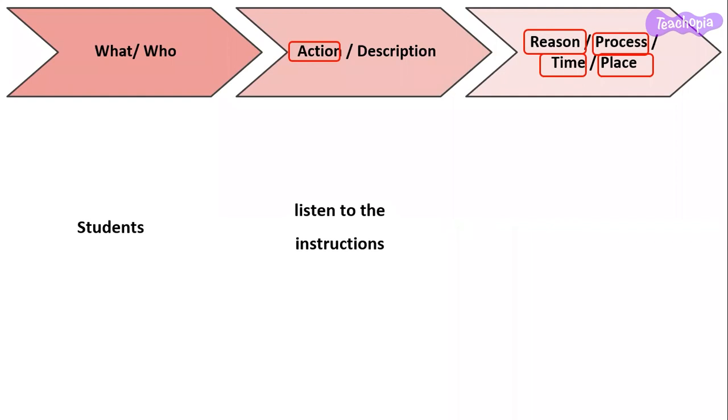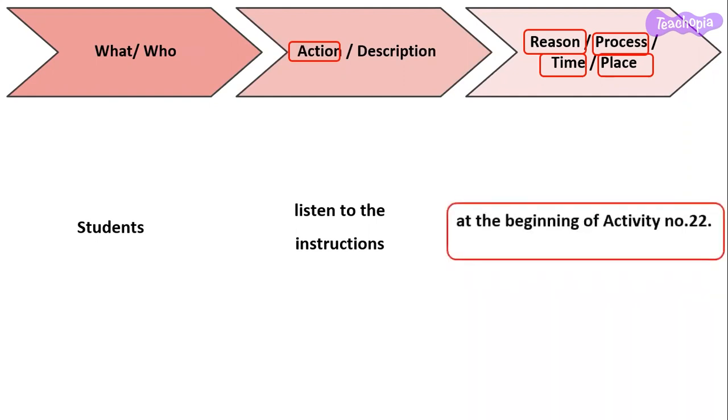And finally, when I want to be specific about the place, I will say, students, listen to the instructions at the beginning of activity number 22. So here are different ways we can add information to a sentence when it comes to an action.